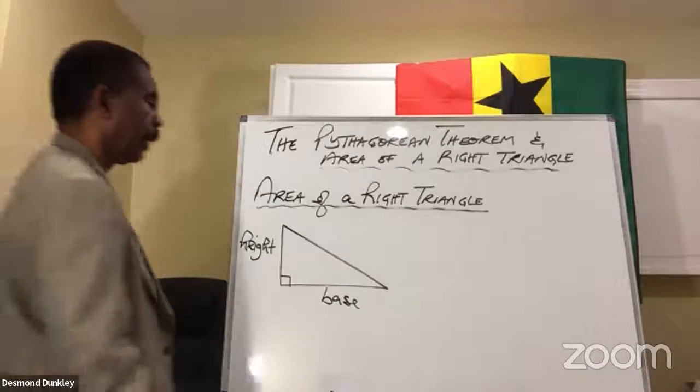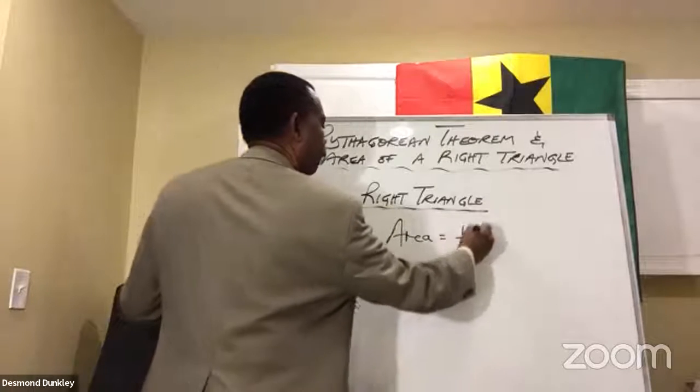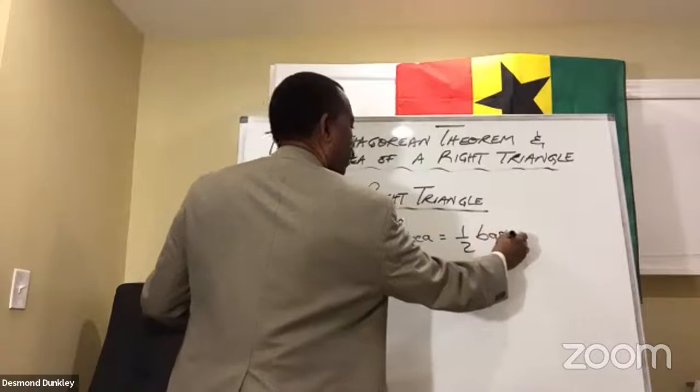Okay, so the area is equal to a half base times height.